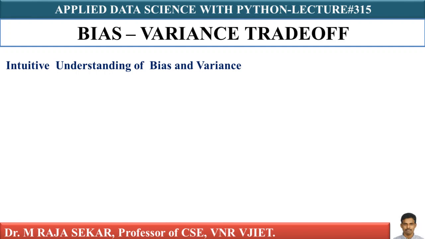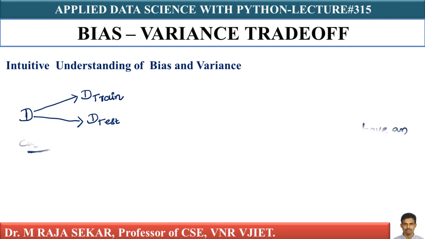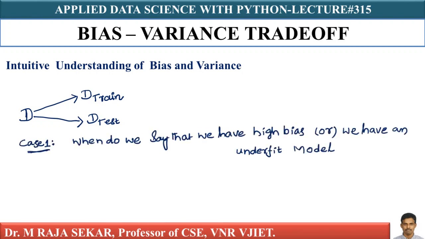Let's assume we have a data set capital D which is broken up into Dtrain and Dtest. I have two data sets. Now in this case, let's say case 1 is, when do we say we have high bias or an underfit model?